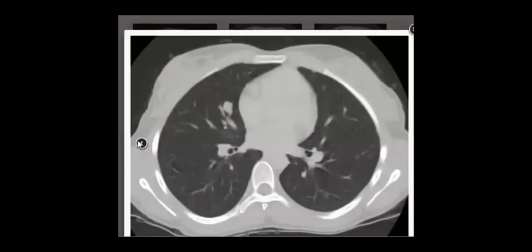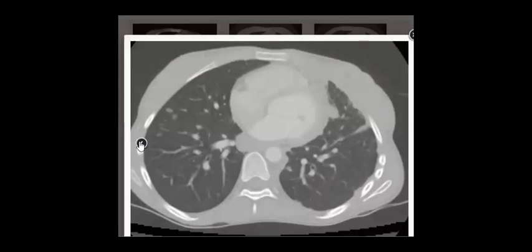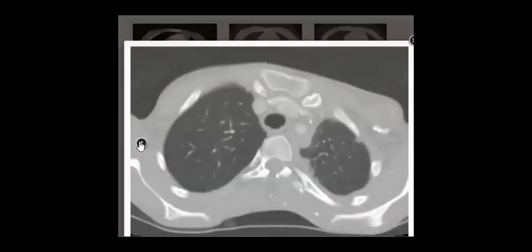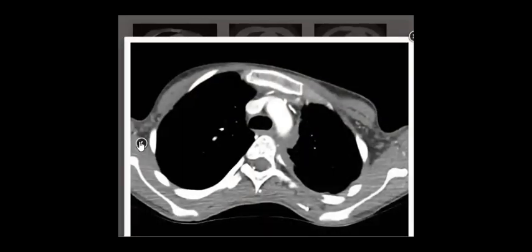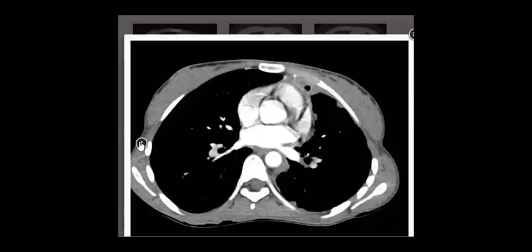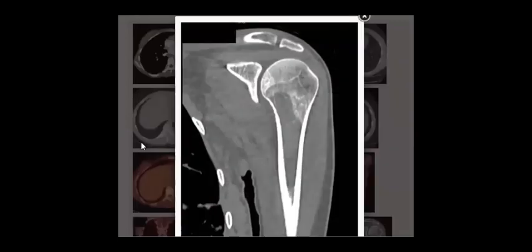Okay. Metastasis from where? Do you agree that maybe we can include lymphoma as well? In the differential, maybe? Yes, okay. So it can be lymphoma, mesothelioma and metastasis.